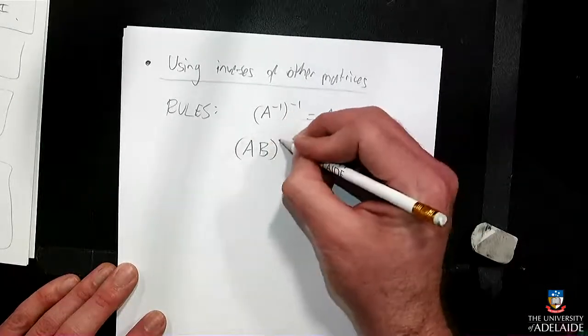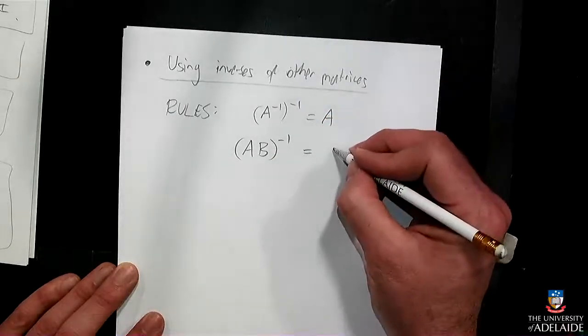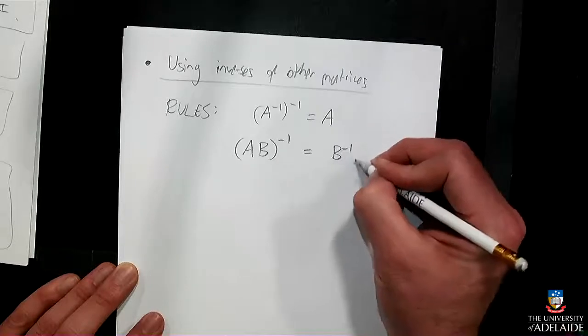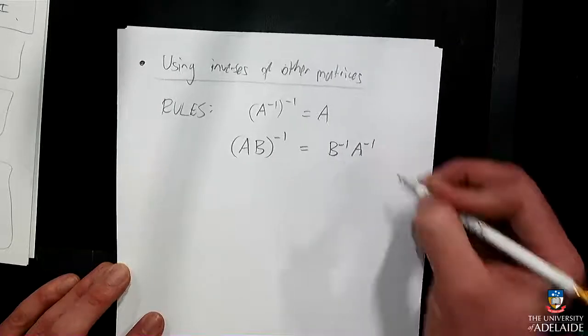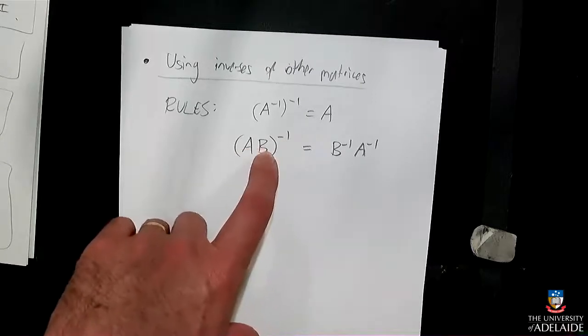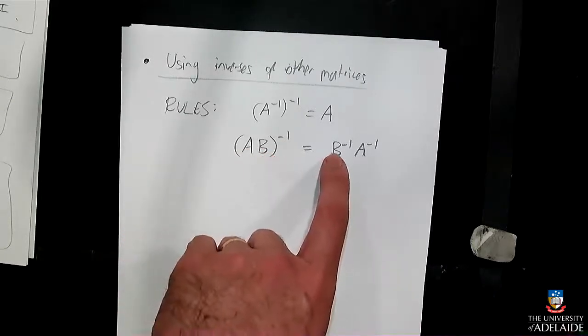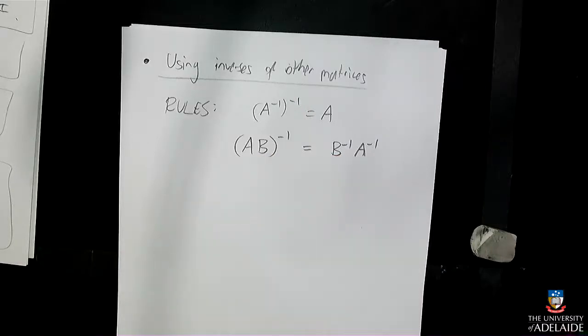Inverses react very well to other powers, and it's because of this rule here. If you do the inverse of A times B, it has to be B inverse times A inverse. So the act of doing the inverse does come in over A and B, but you have to reverse the order of the matrices when you do it. Transposes do the same thing actually.